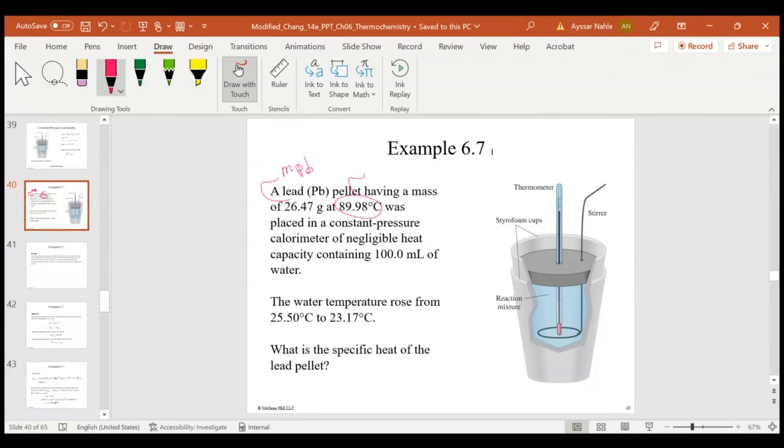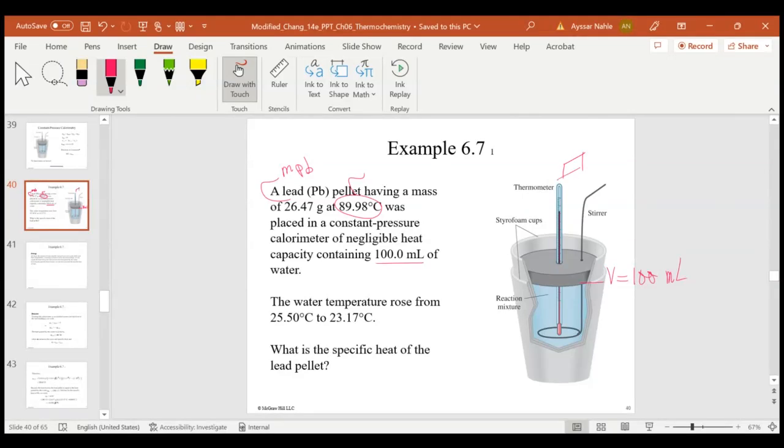Now, it was placed in a constant pressure calorimeter of negligible heat capacity containing whatever milliliters of water. So now I know how much water is in there. Let's say the volume is 100 milliliters.